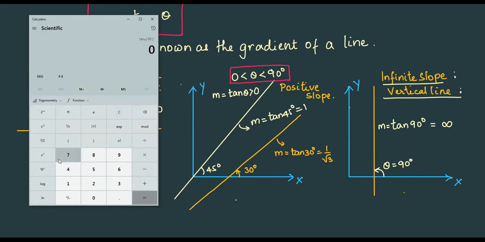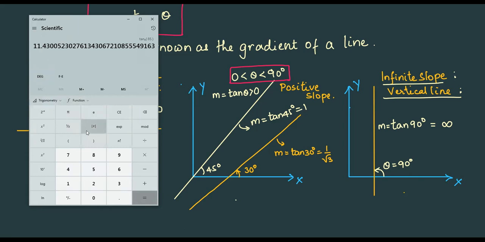Next, as I keep increasing the inclination, I go to 80. See what happens to the trigonometric value, 5.67, 80 degrees. Then it rises very quickly when I go to 85 degrees. Tan value goes to 11. At 85, it is 11.